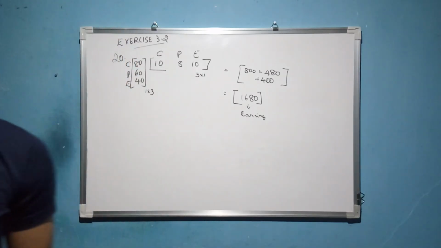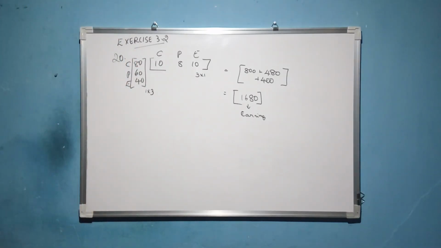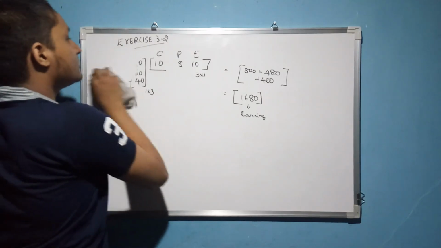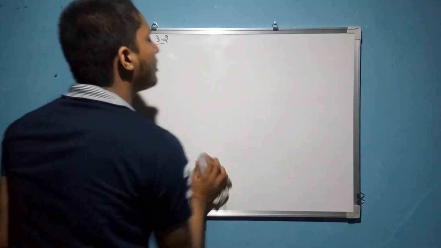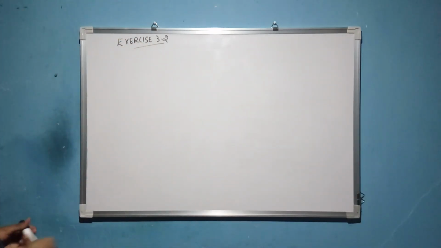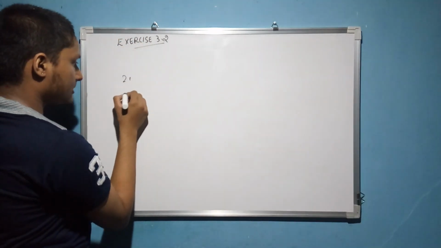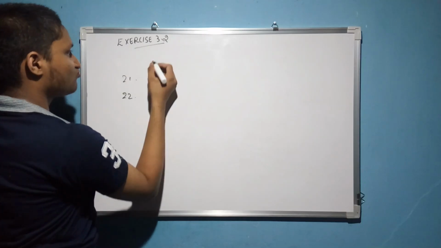Okay. Next you have the multiple choice questions. So you need to read that very carefully here, because it is dealing with the orders and how it's going to multiply. 21st and the 22nd question.